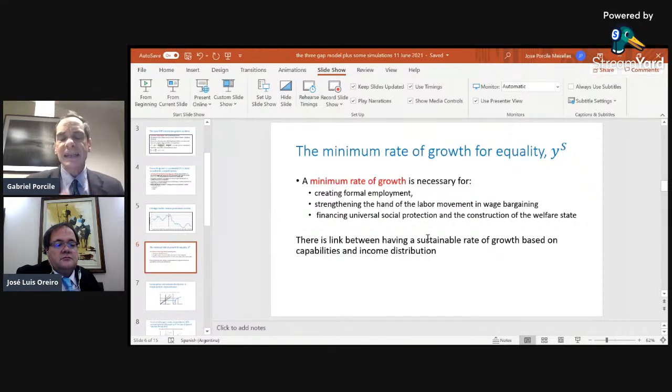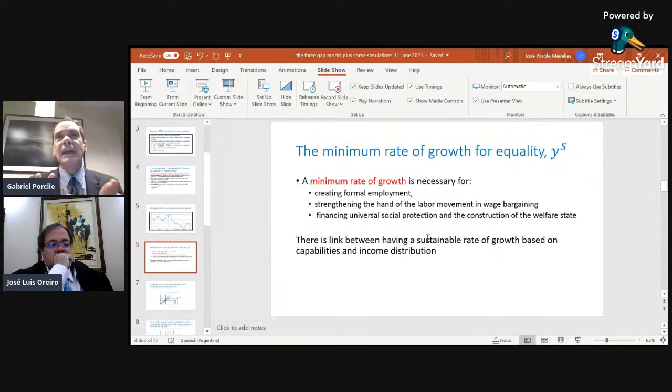And this is a critical condition to boost equality, to curb inequality in our countries. A minimum rate of growth is necessary for strengthening the hand of labor in wage bargaining, and also to collect the taxes and the public revenues necessary for social protection and for public investment.